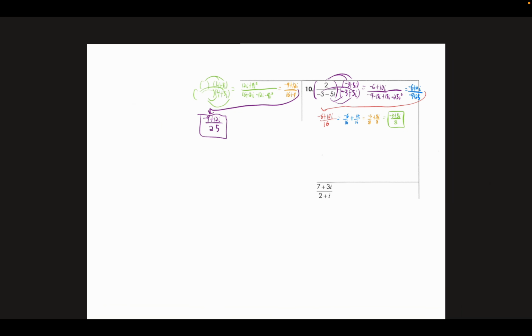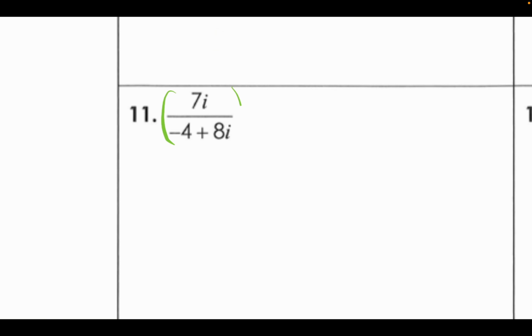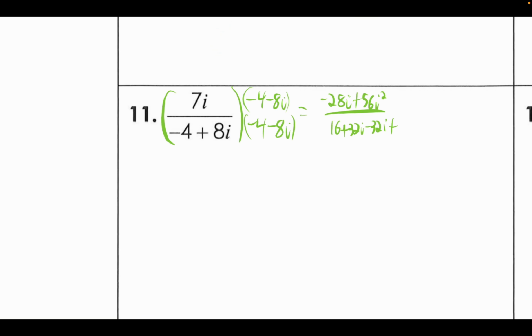Moving on to number 11. Here we'll multiply by negative 4 minus 8i, the complex conjugate. The top yields negative 28i plus 56i squared. The bottom yields 16 plus 32i minus 32i minus 64i squared.